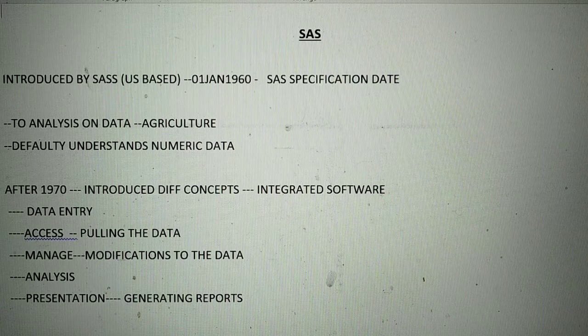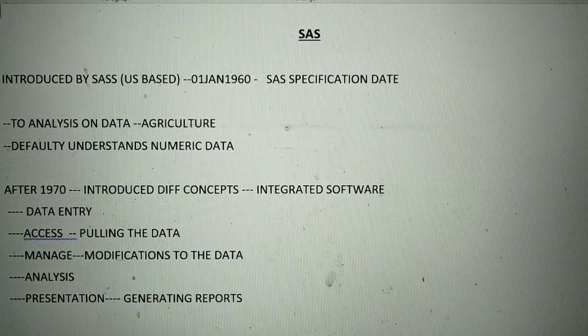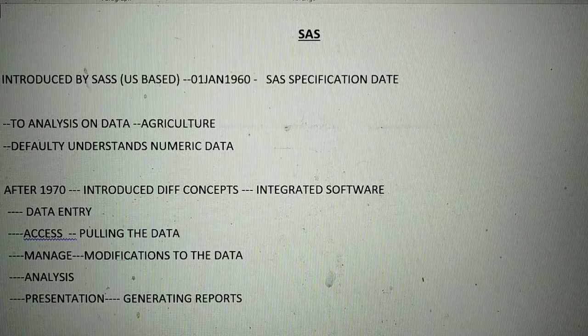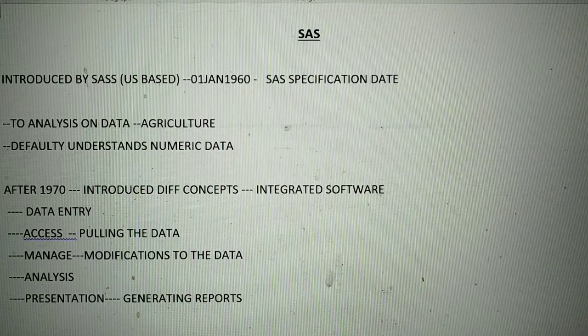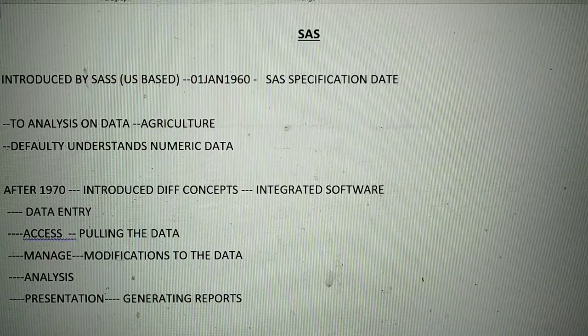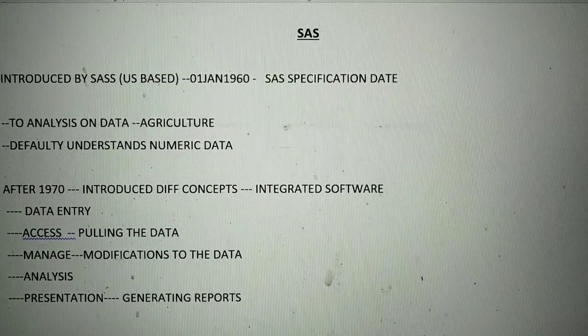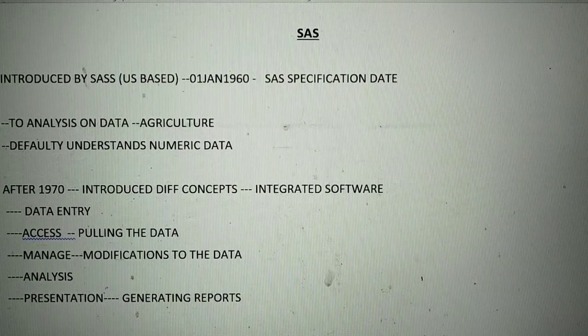Next, manage. Once the data is pulled into the SAS environment, we need to transform the data, that is, modifications have to be done, and we have to do the cleaning, data validation, and standardize the data. All these concepts can be performed using SAS.